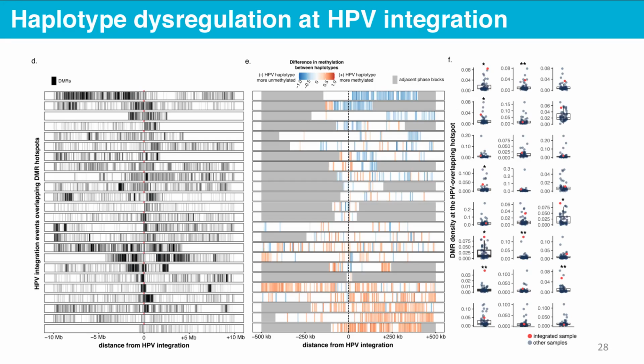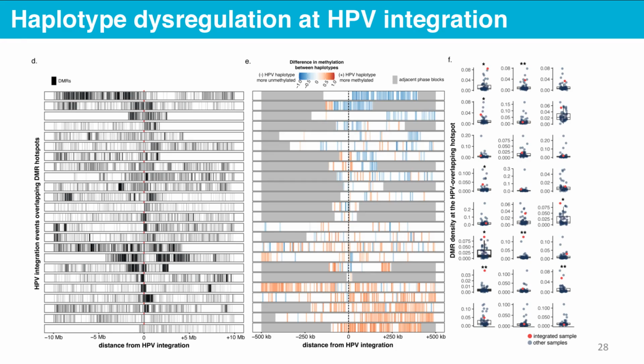So lastly, the density of DMRs was compared in the sample with integration versus the samples that don't have integration in that region, to see if these DMR hotspots are occurring particularly in that sample, or if it's just a DMR that HPV happened to integrate nearby.